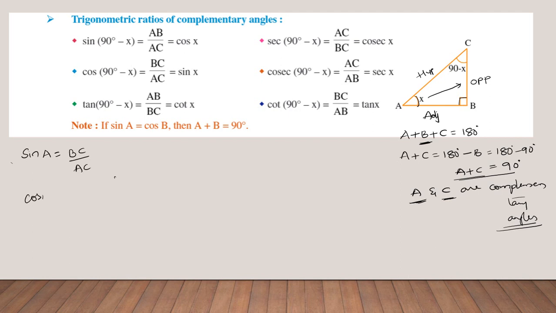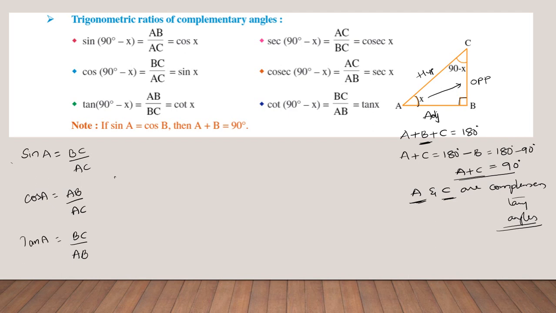The same way cos A is AB by AC, because adjacent by hypotenuse. The same way tan A is opposite side to A by adjacent side to A, which is nothing but BC by AB.